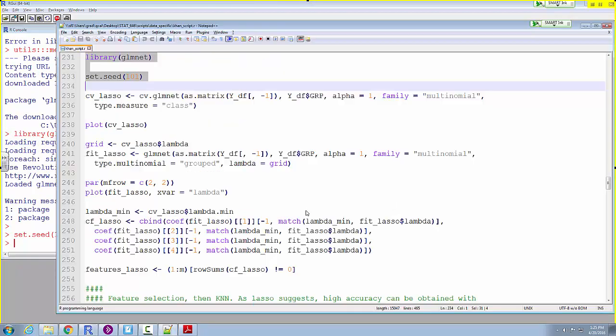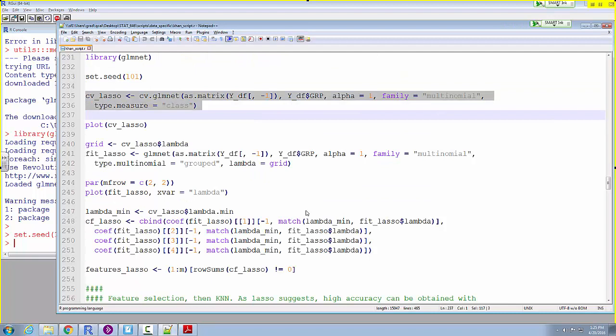So this right here, if you question mark cv.glmnet, is saying do Lasso. The alpha parameter is how you pick between ridge regression or Lasso. Look at the help file for cv.glmnet. You want to do Lasso, so say alpha equal to 1.